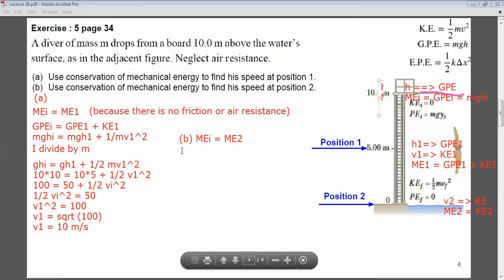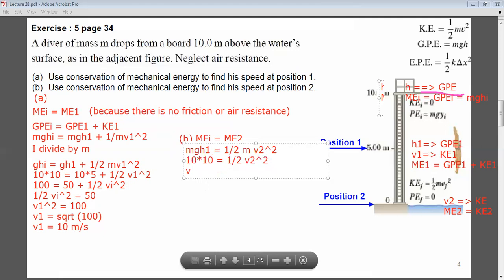So I come here, mechanical energy 1, it's mgh1. This is equal half m v2 or v final square. Same thing, I divide by m, so I get g, which is 10 times H1, 10 equal half V2 square, we divided by m.